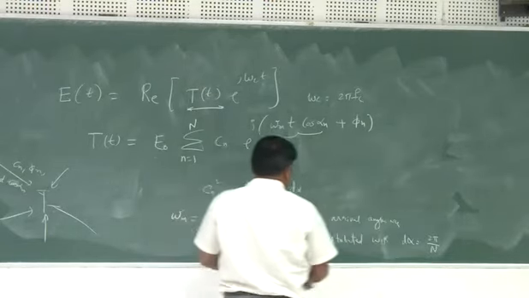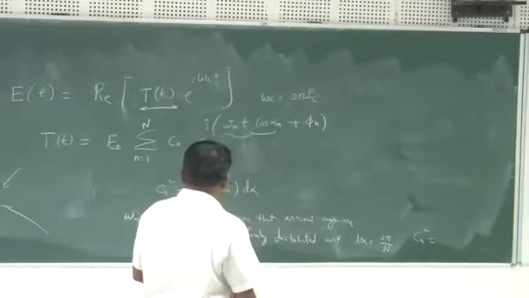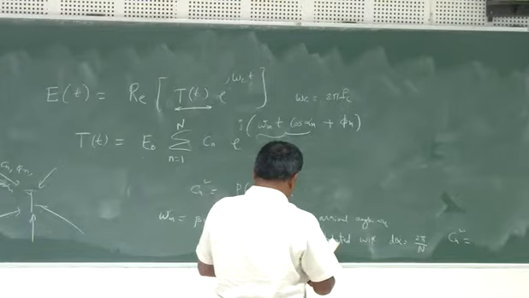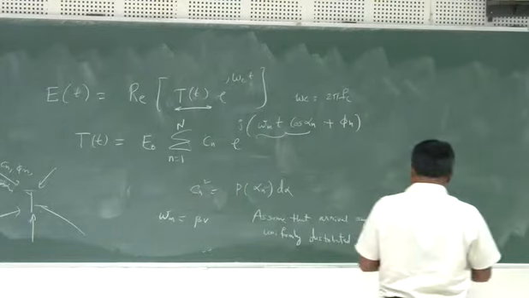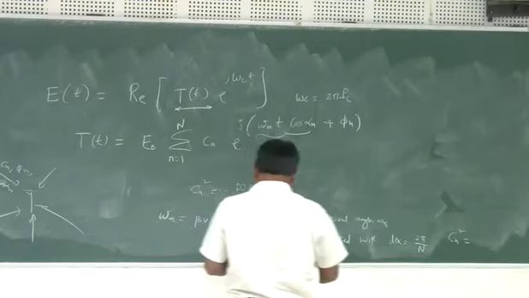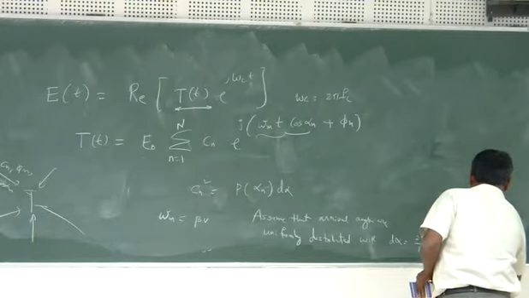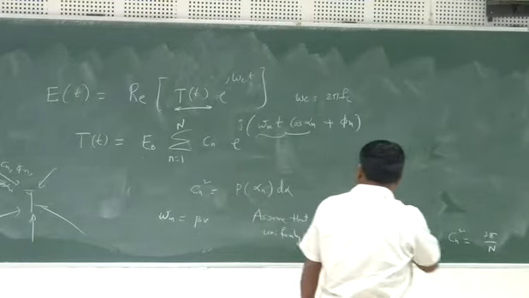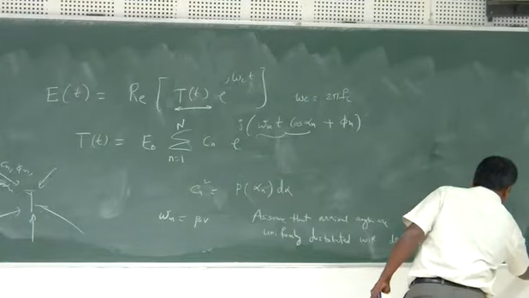Therefore, Cn square will become, with d alpha as 2 pi by n and p of alpha n as 1 over 2 pi, 1 over n.